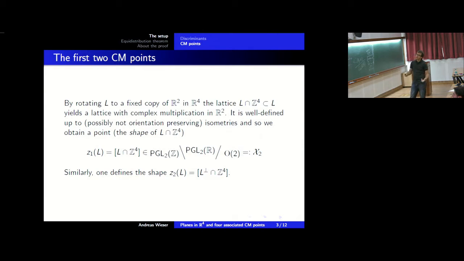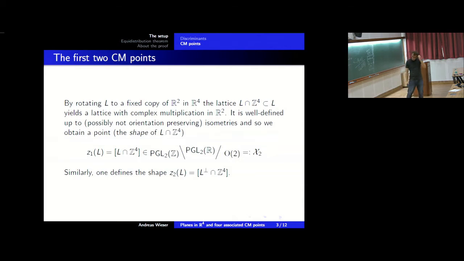By looking at the lattice in the subspace, we get a well-defined point in here. If you want to draw a picture of that, it's the same thing as taking the complex modular curve and identifying it with the reflection around the y-axis. So it's essentially half of the complex modular curve, if you want.